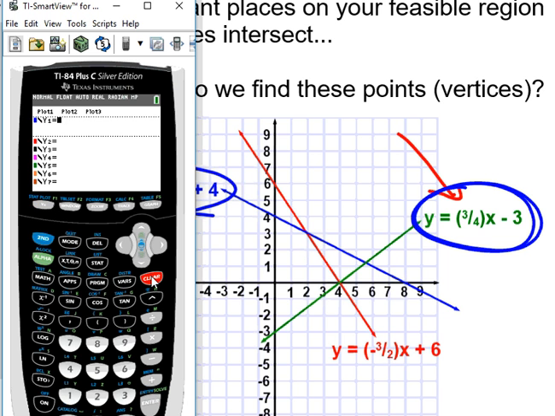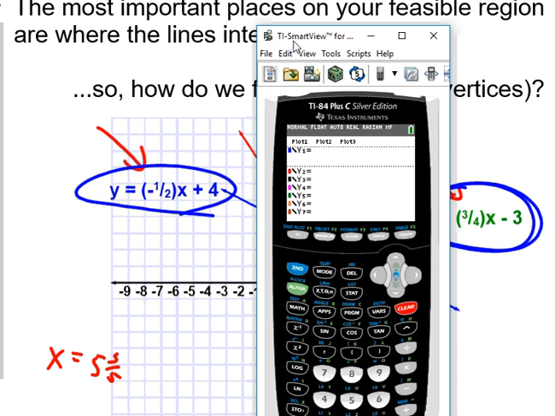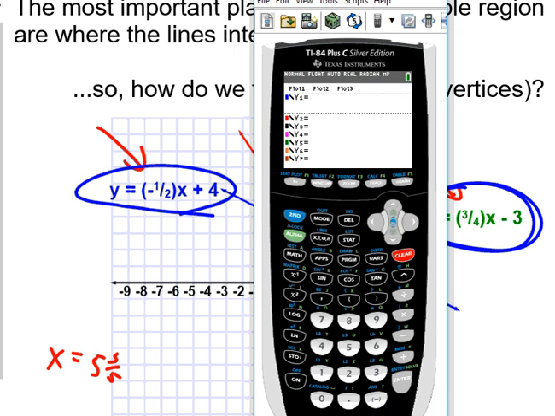Okay, now in my y equals line there, I'm going to type my blue one first, negative 1/2 x, so negative 0.5x plus 4. Now, if you hit a minus key instead of a negative key on that 1/2, it won't graph.